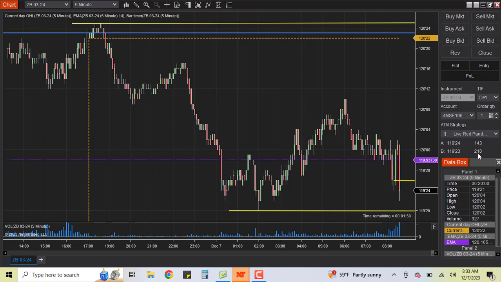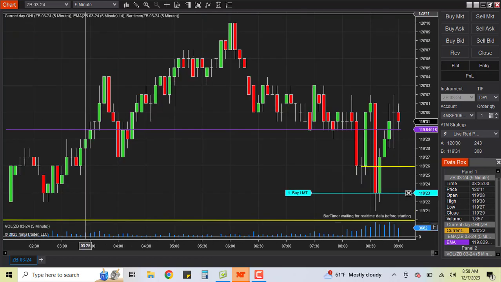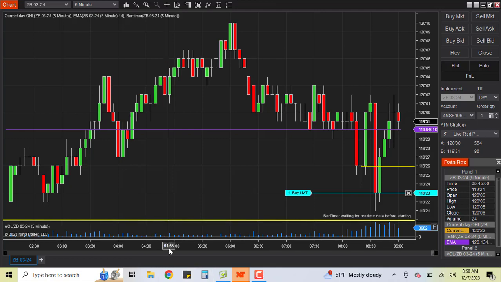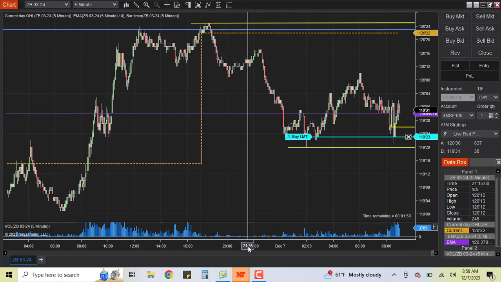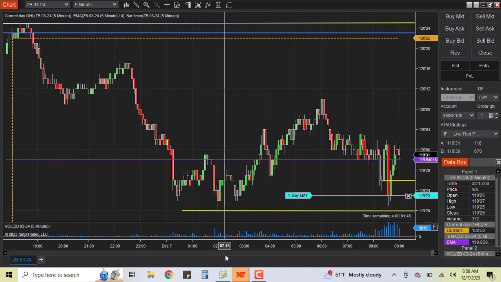As we see here on the 5-minute, we just had a news announcement, and that pushed price down pretty abruptly, further into a support area at that overnight low that I mentioned. About 20 minutes later, price did pop from that overnight low retest.